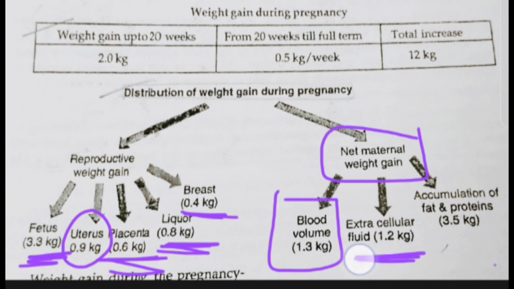Extracellular fluids: other fluids also are secreted in the body and that leads to 1.2 kgs. Fat and protein deposits are also seen and that leads to 3.5 kgs gain in the mother's body. This all together leads to 12 kgs.